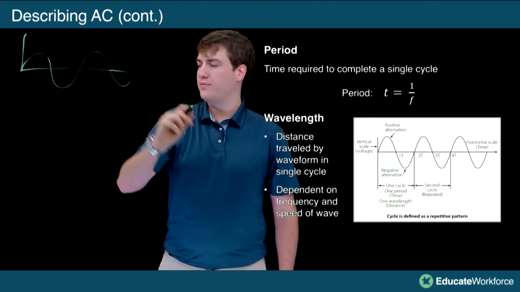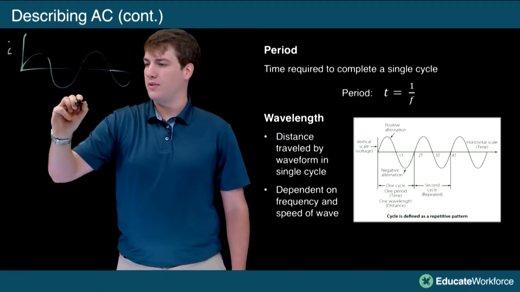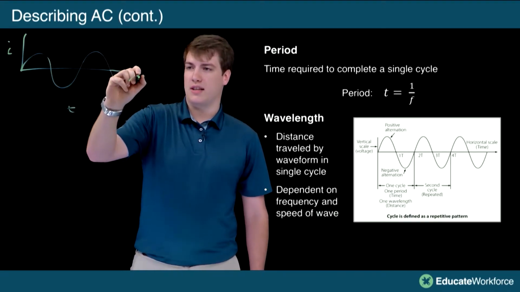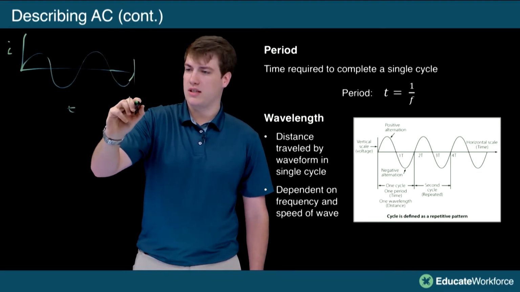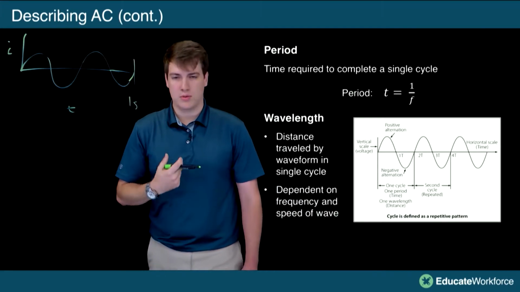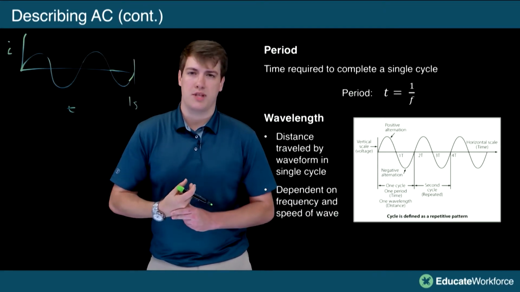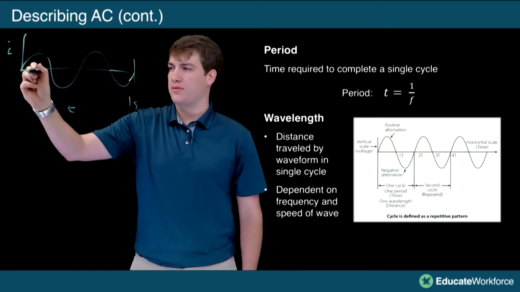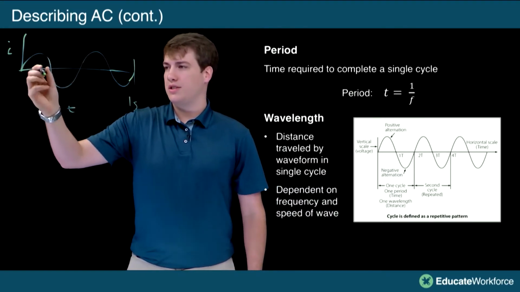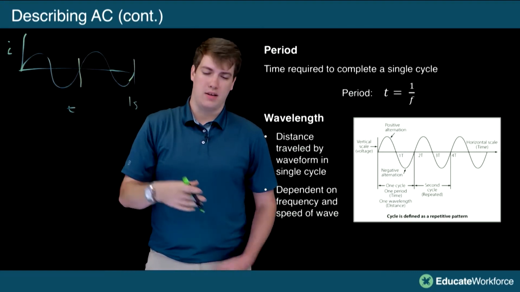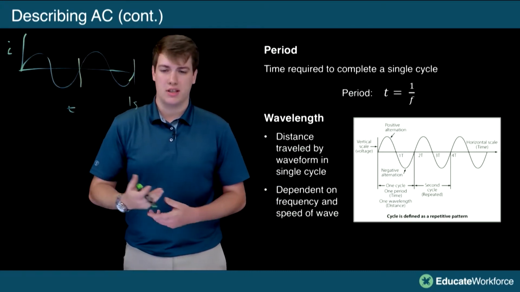All right, there we go. We have I and T. Let's say this is 1 second, for sake of argument again. Now let's say we're interested in knowing how long one waveform takes to execute. How long does it take to get from 0 to the end of that wave? This is our period.